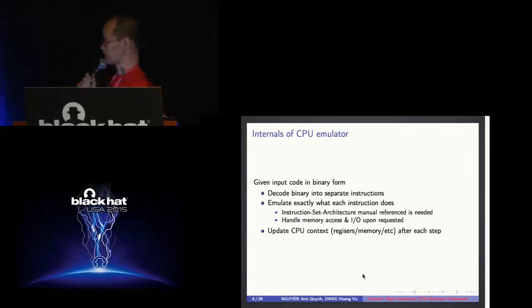So at this step, you need to reference the instruction set manual of the architecture that you try to emulate. You need to handle the memory access, I/O, and so on. And after each instruction you emulate, you need to update the CPU context every time.